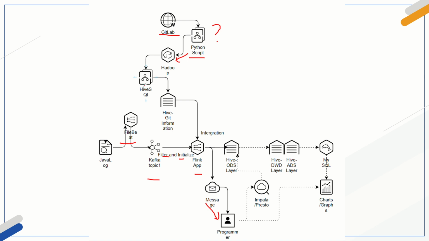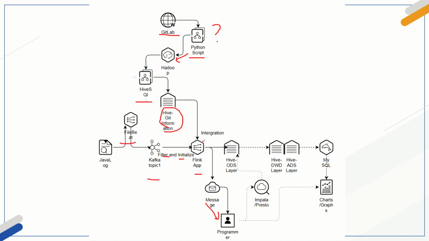At the same time, there is an SQL script that regularly processes the data about the Git history in that file and writes the result into a Hive table. The data in this table include the absolute path of the Java file, the absolute path of the Java class, and the programmer who recently modified the source code file.